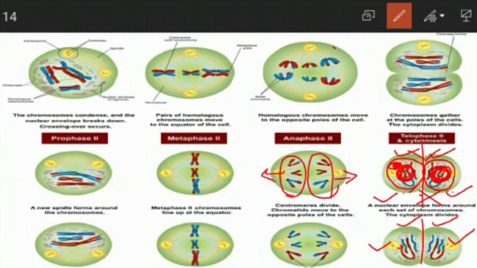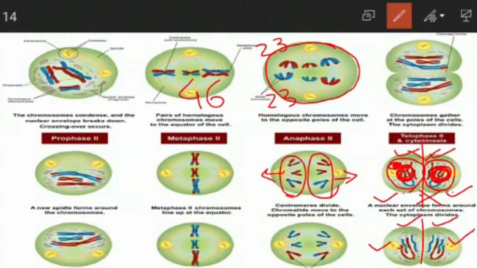Only one difference you have to keep in mind. In meiosis 1, half the number of whole chromosomes is shifted to the opposite pole. Meaning if 46 chromosomes are there, 23 are pulled towards one pole and 23 towards the other pole.